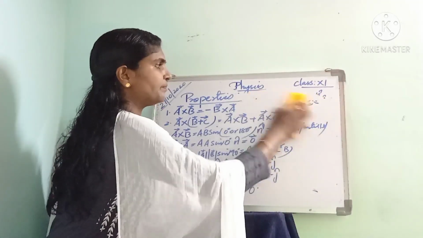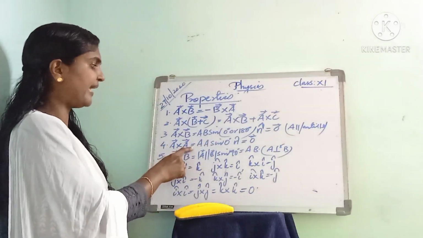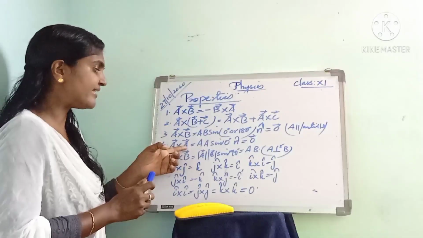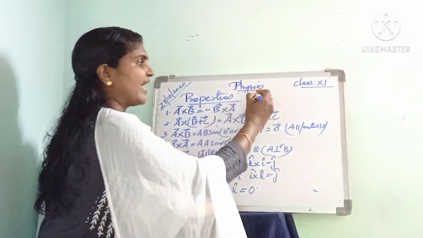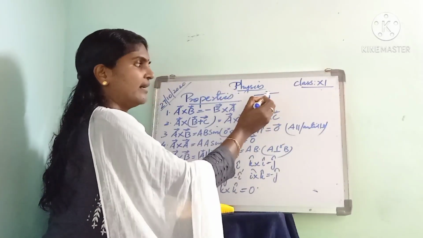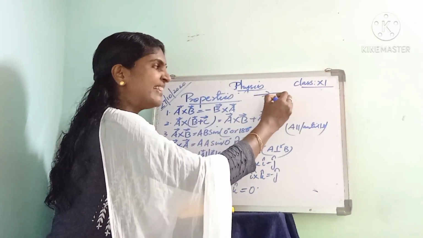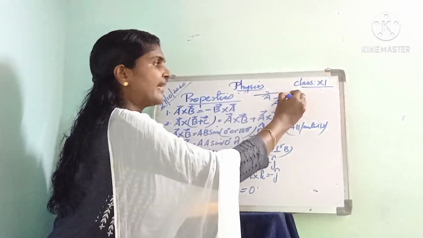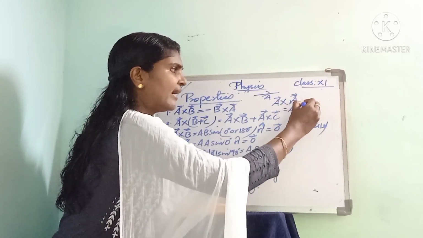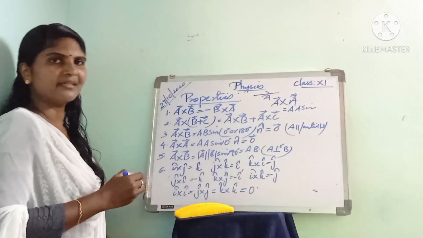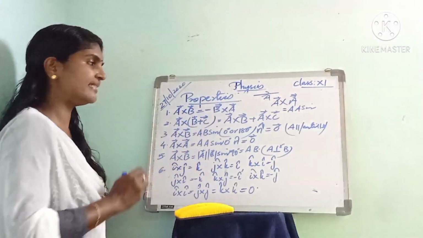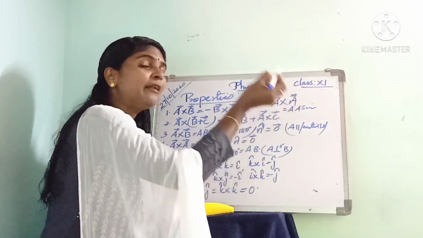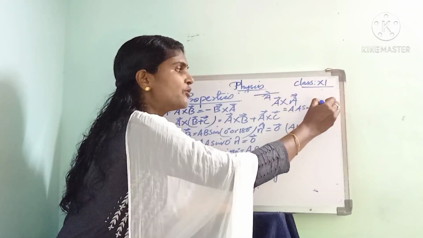Okay, and the next property is the vector product of a vector with itself. Suppose we have a vector A, then the vector product of vector A with itself is A cross A. A cross A can be written as A A sin theta. When we take the cross product of vector A with itself, the angle becomes 0. So it is sin 0 into n cap.